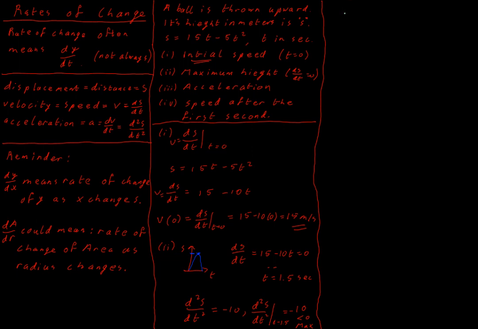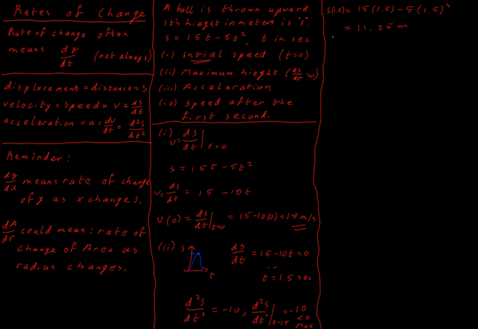And then I need to find out what the height is at that point. So I have s when t is 1.5, is equal to 15 times 1.5 minus 5 times 1.5 squared, equals 11.25 meters.